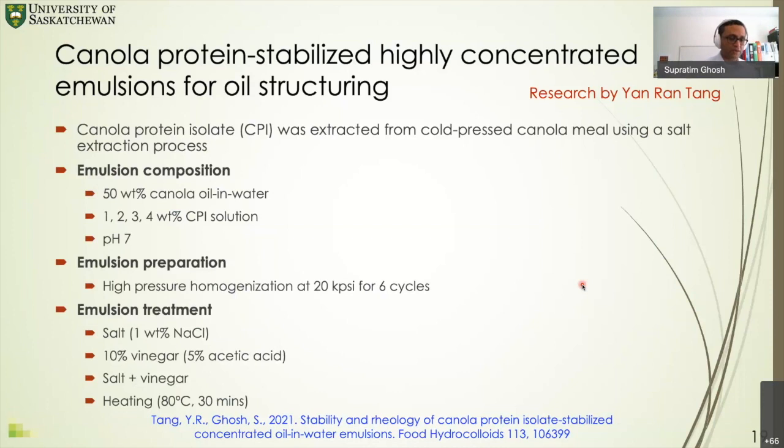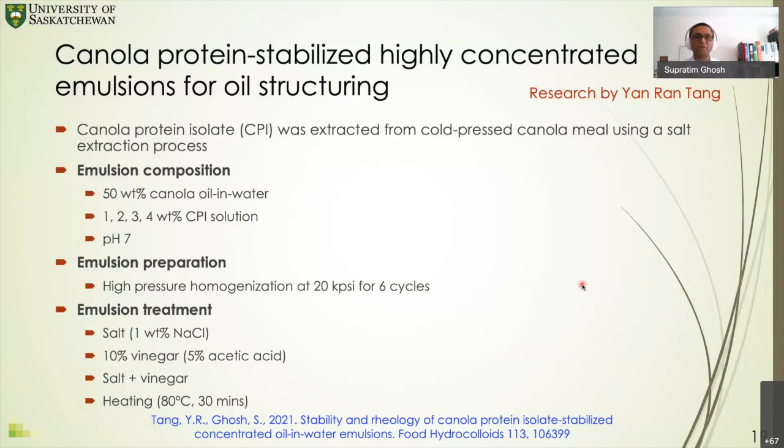We added salt, and we added vinegar, made as 5% acetic acid, because we wanted to create a composition somewhat similar to a salad dressing type of structure. Then we added both, because in food you always have both, so we wanted to see the effect of both salt and vinegar. And separately, we also did heat treatment to see how that can influence the emulsion.